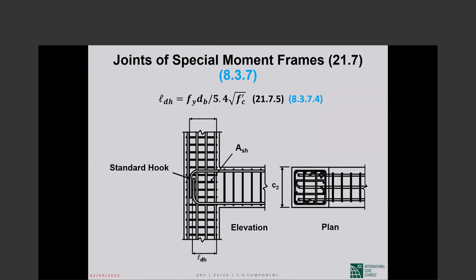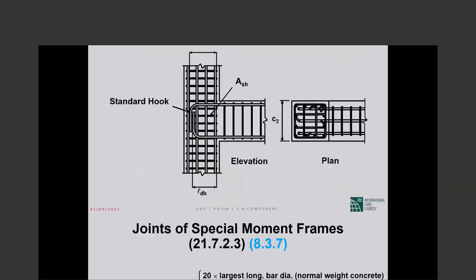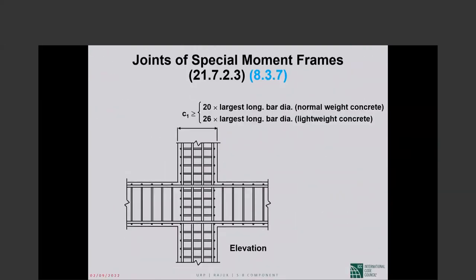And if you're terminating other than top bars that are straight at an exterior joint, then the required development length of their straight bar shall be 2.5 times the hook bar development length. Typically, you will not have enough room, so you will end up with hooks or heads or plates or something.